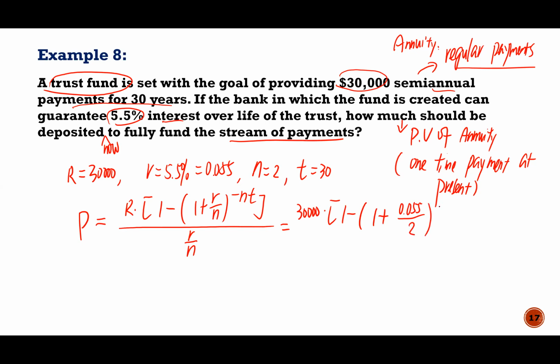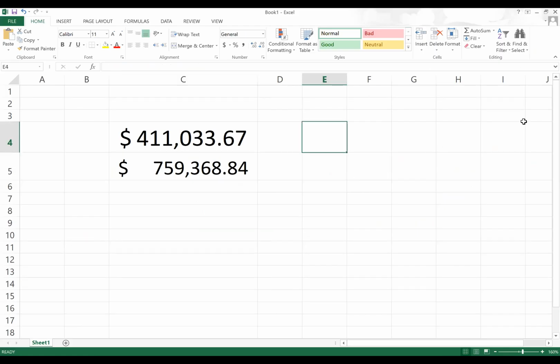Okay, and the exponent is negative 2 times 30. Okay, now we get that. And over 0.055 over 2. Okay, and one more time, we're gonna use Excel to get the result. So go up here, let's put it into the Excel.